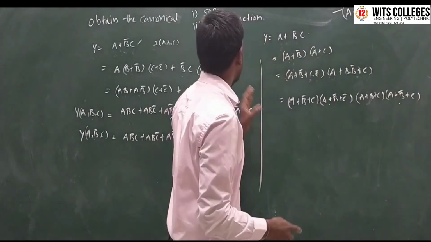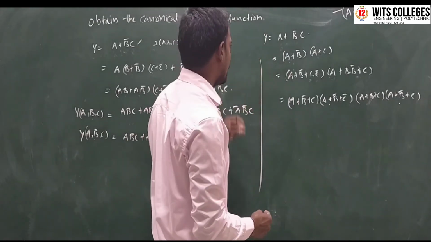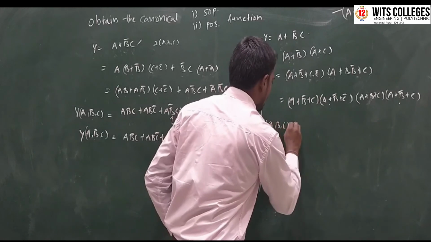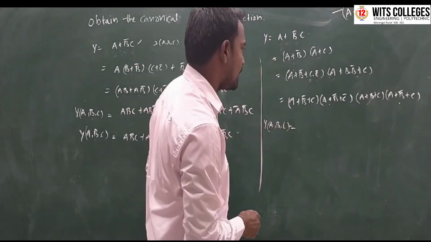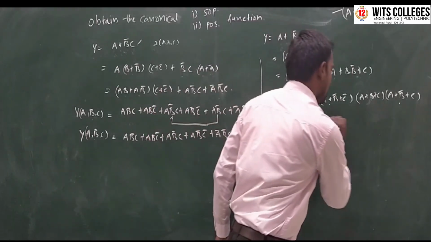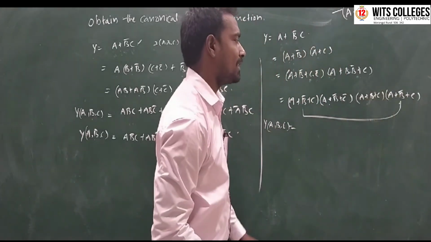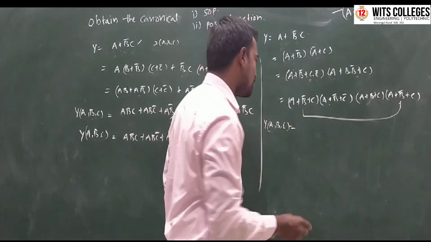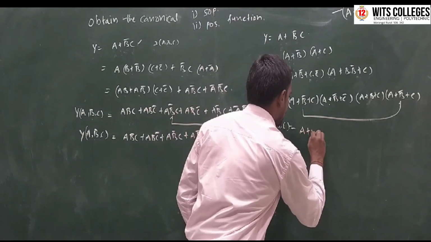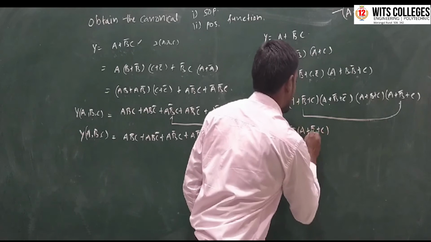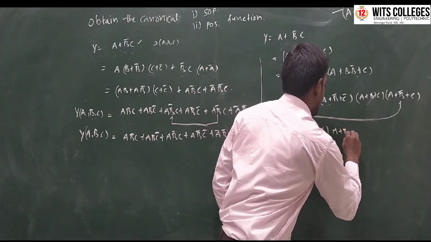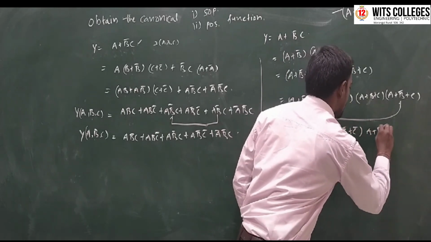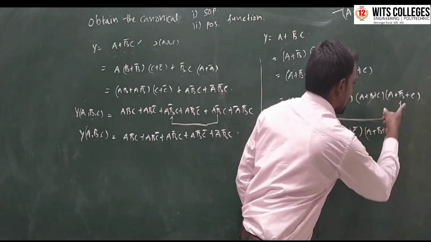These all are the product of sums for the given function y of a comma b comma c. Here the repeated term (a + b bar + c) is common, so we take only a single term: (a + b bar + c) into (a + b bar + c bar) into (a + b + c), and the repeated term will be neglected.